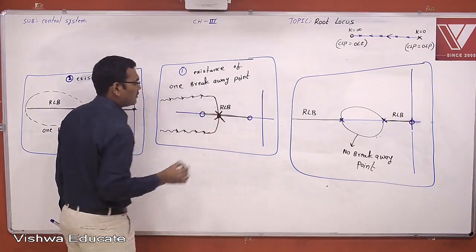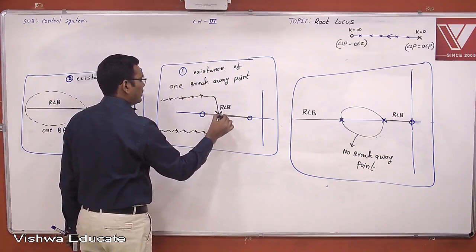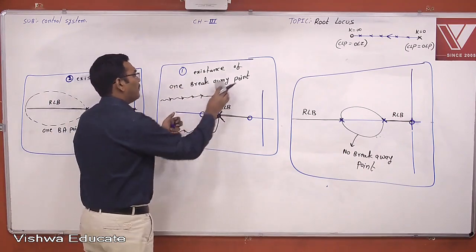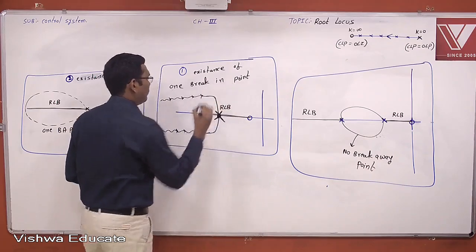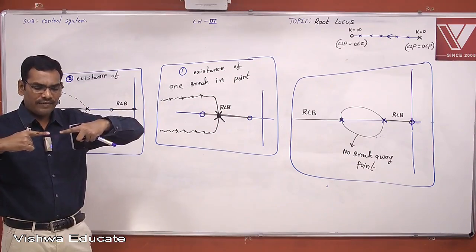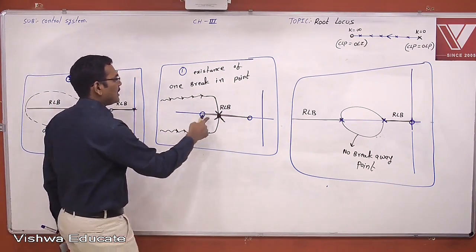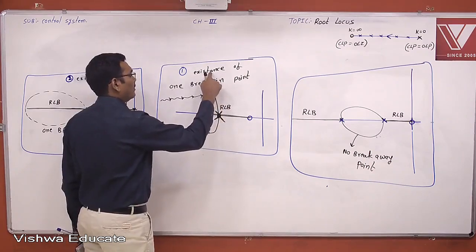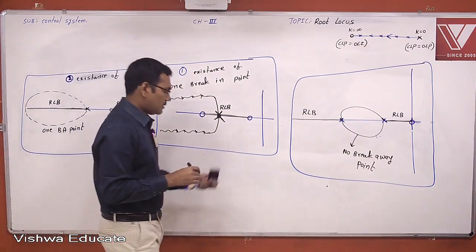The point at which the root locus branches enter the real axis is called the break-in point. If there exist two adjacently placed zeros with a root locus branch between them, definitely there is a chance of one break-in point existing. Understand or not? Now there is a situation like this.